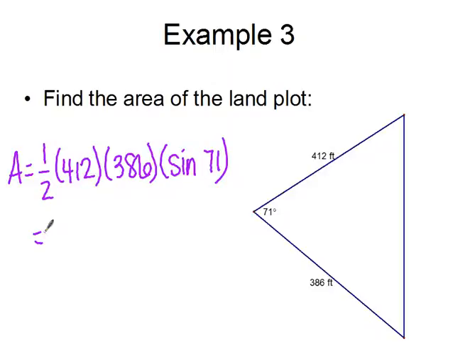So I did 1/2 times 412 times 386 times sine of 71, and I get 75,183.9 square feet. Okay? These problems are that easy. Don't overthink them. They're going to give you exactly what you need to know.